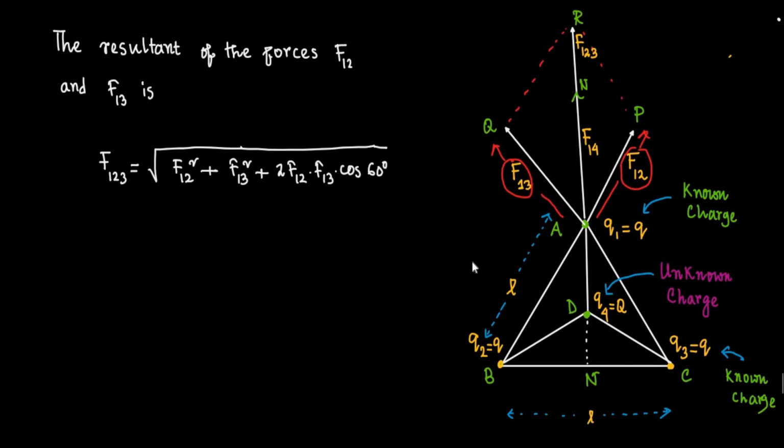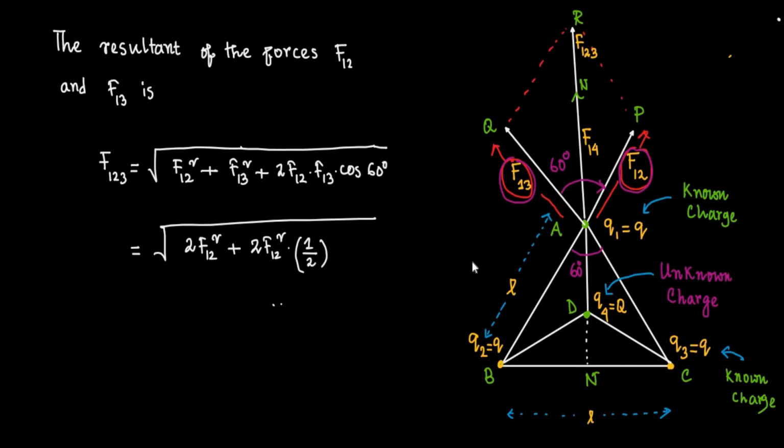F123 is the resultant force of the two forces F12 and F13, and the angle between F12 and F13 is 60 degree. That's why we have written cos 60 degree here, equal root over 2 F12 square plus 2 F12 square times half, because cos 60 degree is half, and F13 is equal to F12.